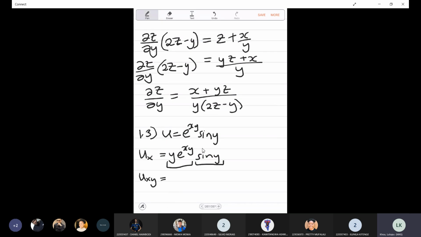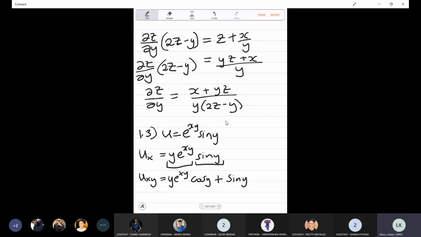Anyway, so product rule over here, we use this one as it is. So I write y e to the power of xy, and then the derivative of sine y, which is just cos y, and then I must have the derivative of this one. I'm going to multiply by sine y, so I can just write sine y already. And here I must use the product rule to get its derivative.